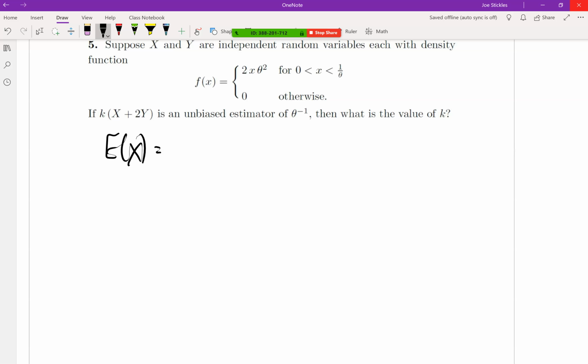When we do the expected value of X, we want to integrate over the support. So we integrate from 0 to 1 over theta of x times the PDF, 2x over theta squared.